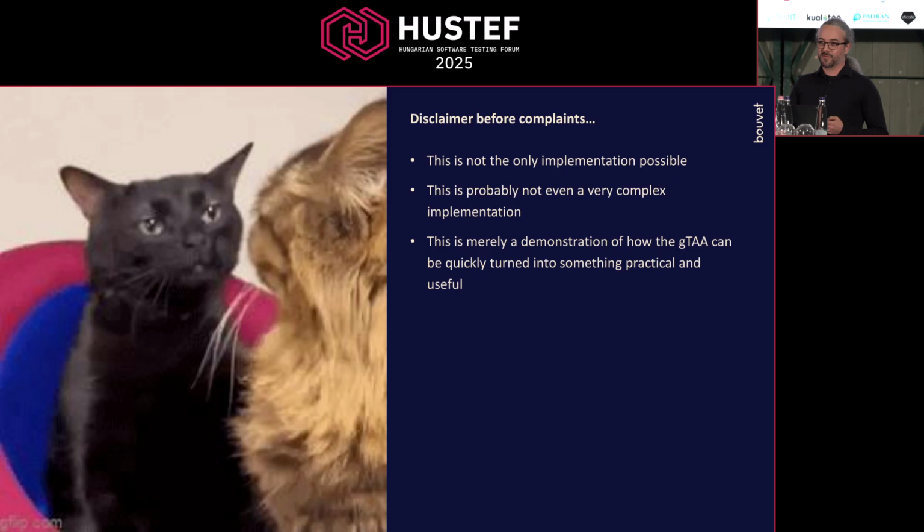A quick disclaimer before we start. This is not the only implementation that is possible. Of course, we who work in software development know that every problem has at least a dozen different possible solutions. So this is just one of them. And this is probably not even the most complex implementation.